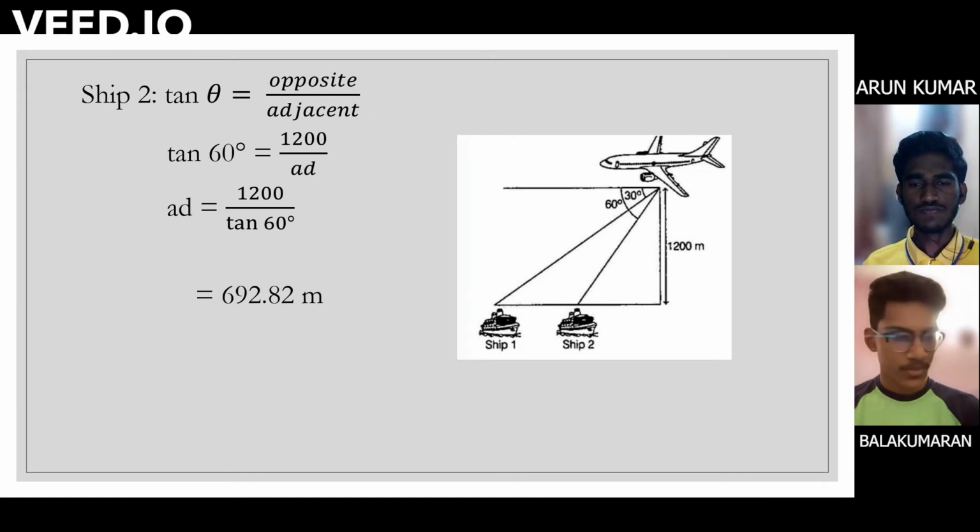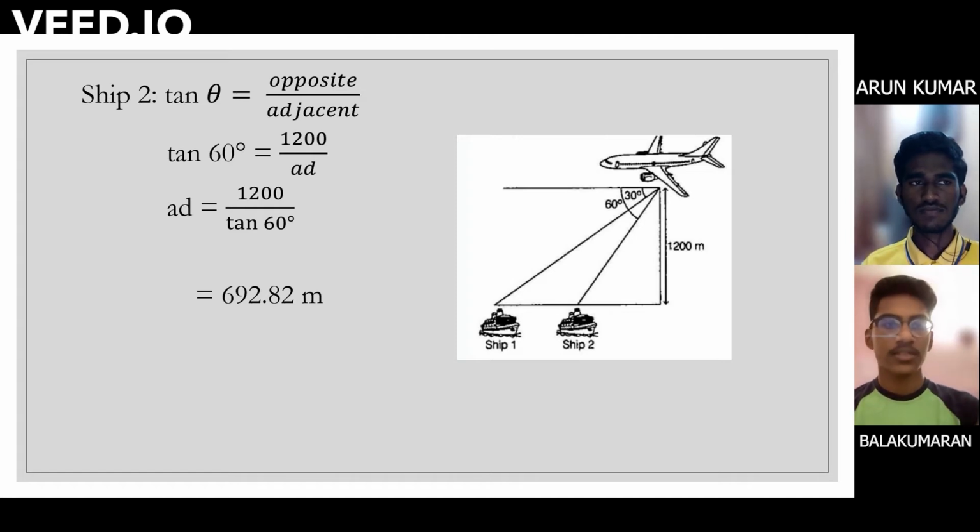To get the angle at ship 2, we subtract 90 and 30 degrees from 180 and get 60 degrees at ship 2. To find the adjacent length between ship 2 and the airplane, we use the same formula, tan theta equals opposite over adjacent.